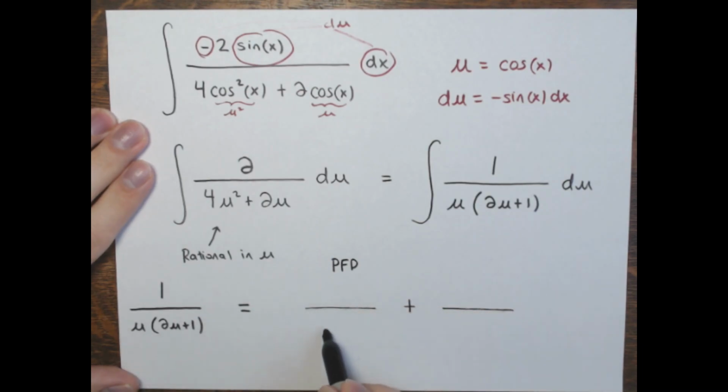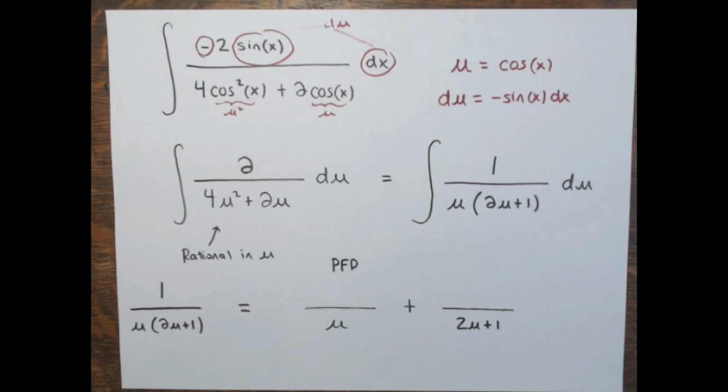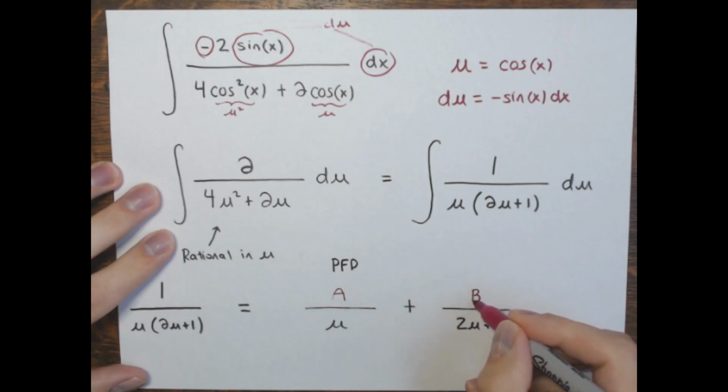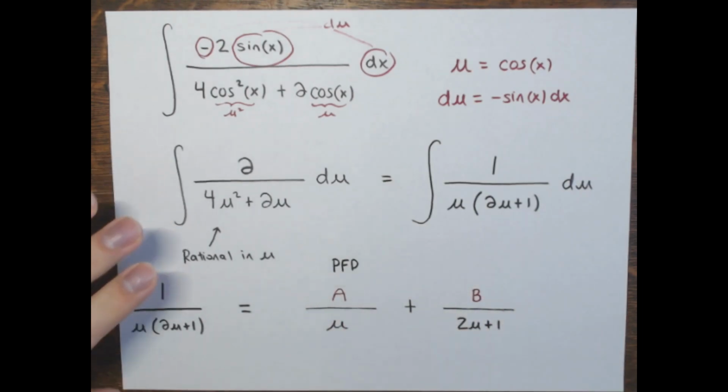One with a denominator of u, the other with a denominator of 2u plus 1. Again, there are no higher powers of these because we don't have repeated factors. And being linear, they remain proper fractions, so I would need just a constant in the numerators, just these constants a and b.